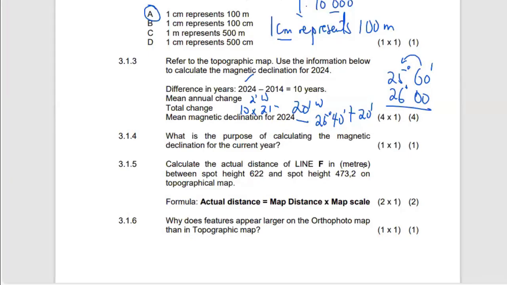What is the purpose of calculating the magnetic declination for the current year? In other words, why do we have to trouble ourselves calculating the mean magnetic declination of the current year? It is going to help us to determine the position.